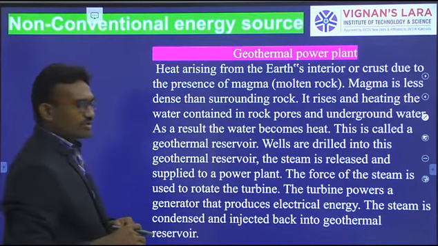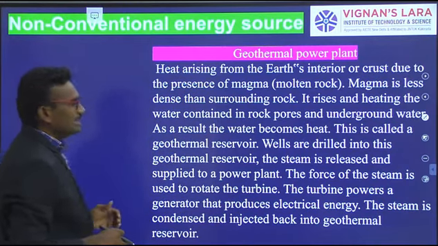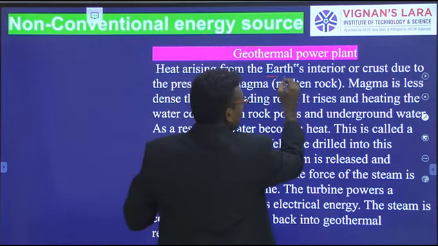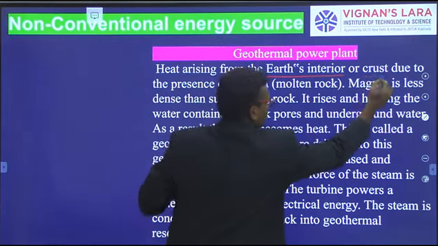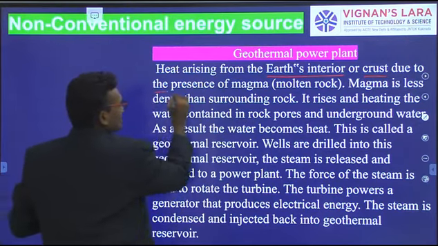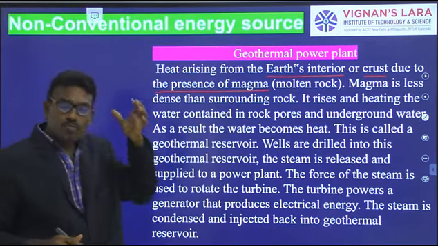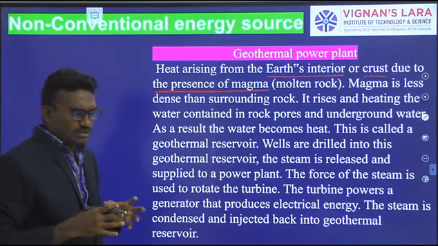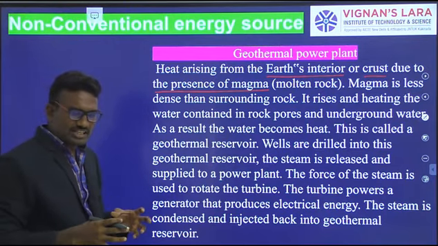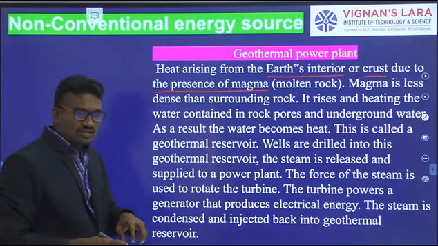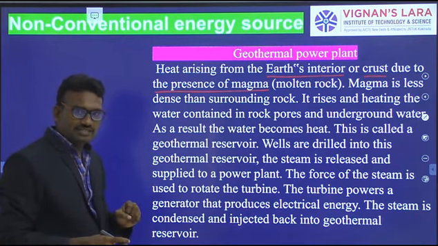So how does a geothermal power plant work? Heat arises from the earth's crust due to the presence of magma. Magma means molten rocks. Rocks in the deep earth crust are at high temperatures.